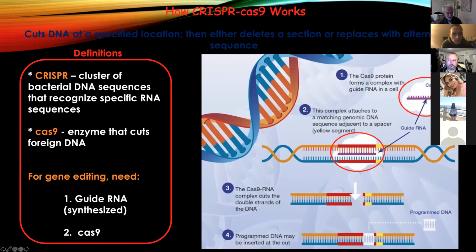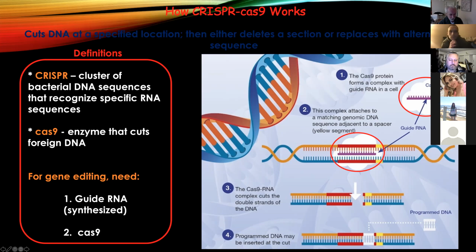Okay, how does it work? It's remarkably simple, considering how complex the system is that it's derived from. For gene editing, first of all, I need to point out that Cas9 is the enzyme that's critical for CRISPR, because it cuts the foreign DNA at a specific point.